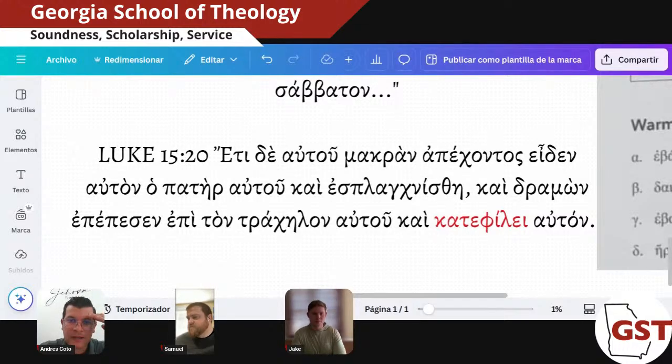So here we have kathephilei, imperfect indicative, but I also opened an interlinear here on my phone, and on that interlinear it is not kathephilei, it is kathephilesen, which is what mine has in Logos.